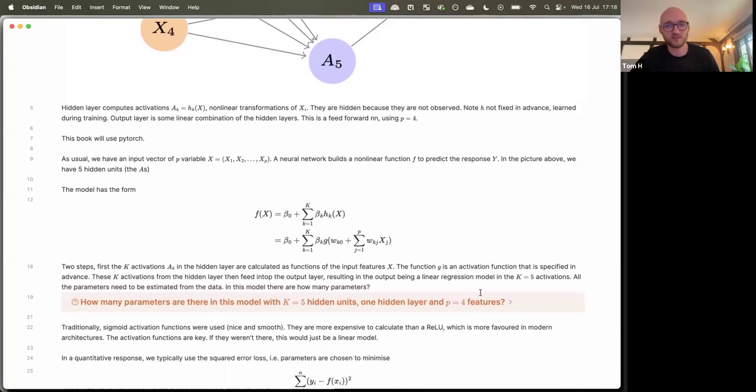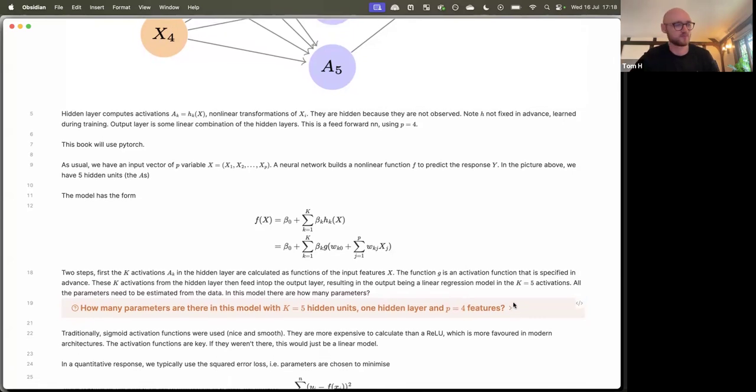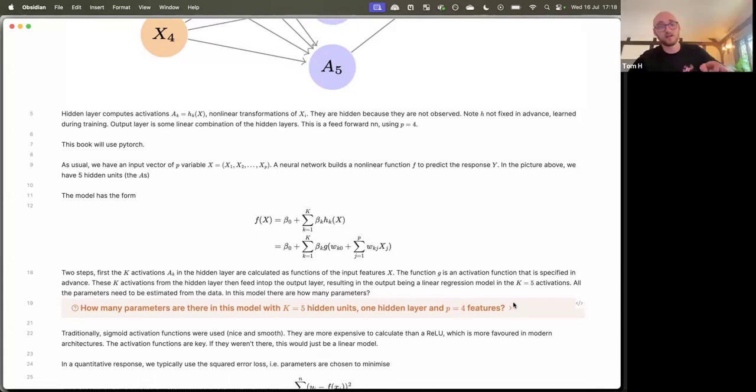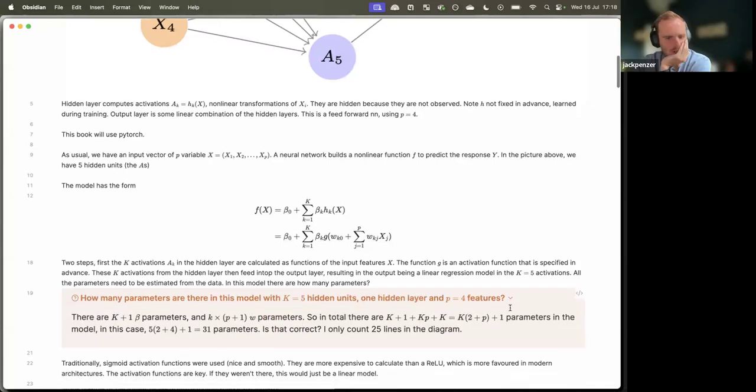Does anyone want to try and contribute an estimate? Wait, is it not just a multiplication? I don't think it's a direct multiplication, but it's close.